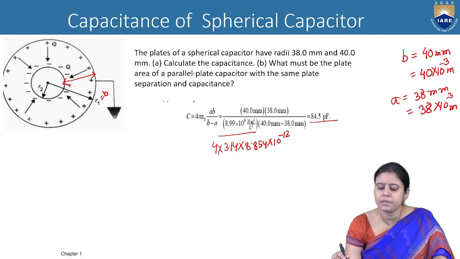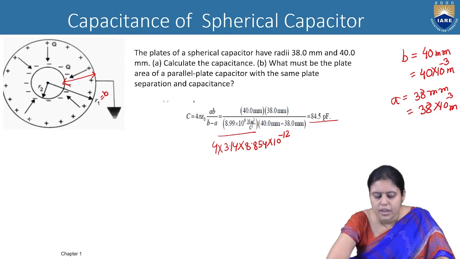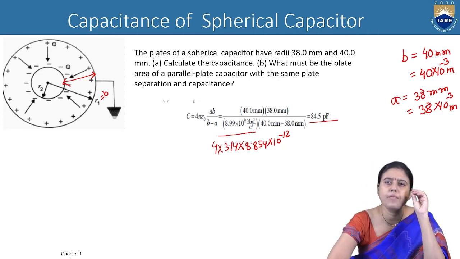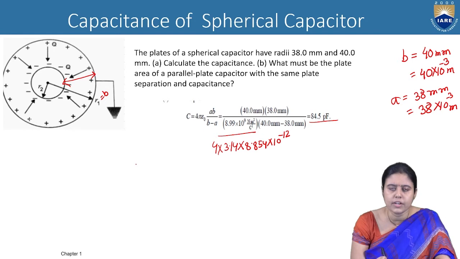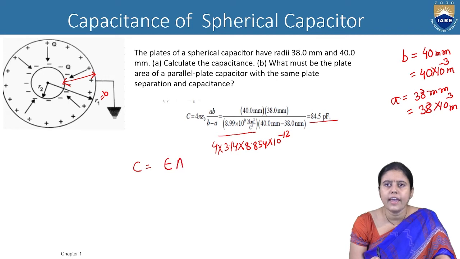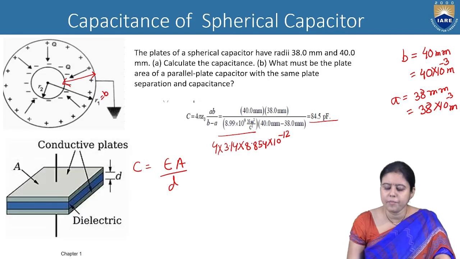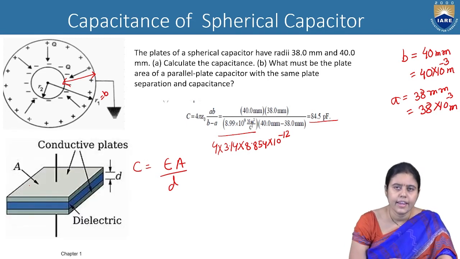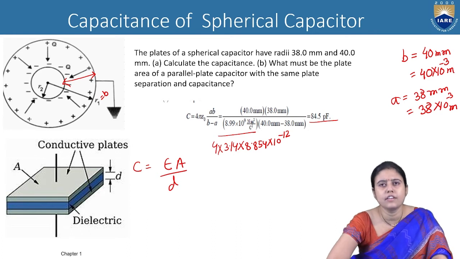Next, what must be the plate area of the parallel plate capacitor with the same separation and the same capacitance? So if we make the same type of parallel plate capacitor, what is the formula? C is equal to epsilon A by D, where A is the cross-sectional area, D is the distance between them, and epsilon is that of air.